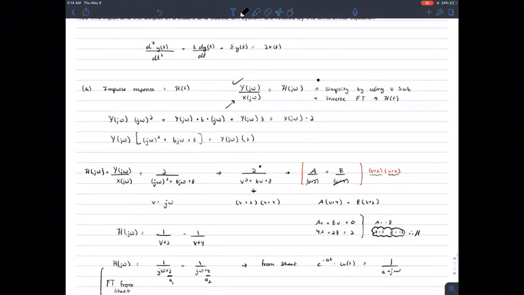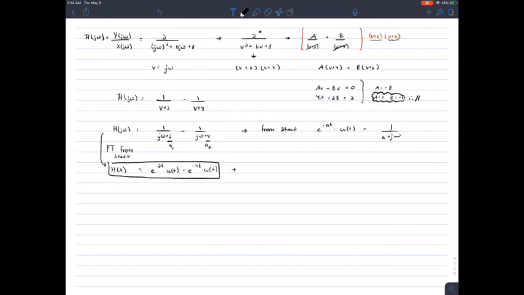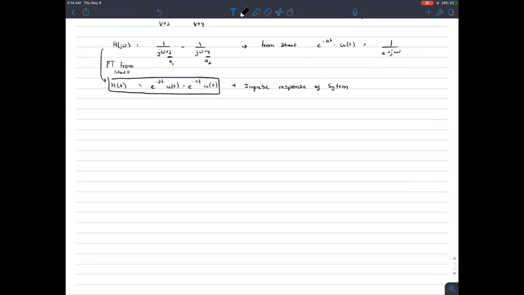So, like I said, vocabulary lesson. This is the impulse response of the system. Okay? So now, what does part B want us to find here? It wants to know the response.